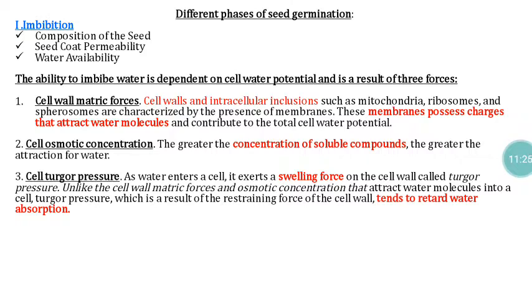So protein, carbohydrate and oil all regulate the rate of imbibition, or rate of water entry into the seed system, during the process of imbibition. The next factor is seed coat permeability.